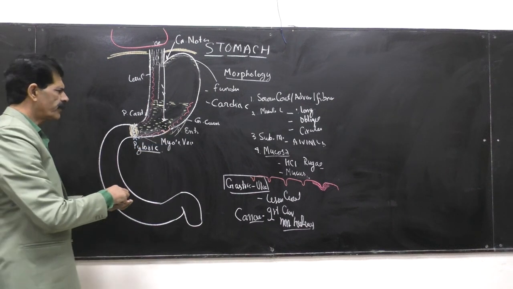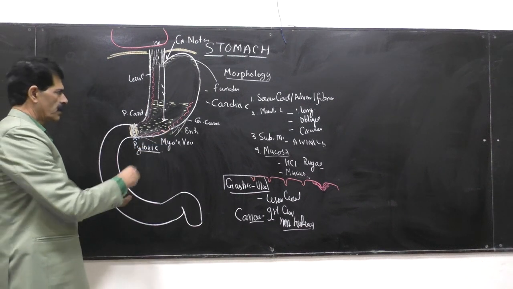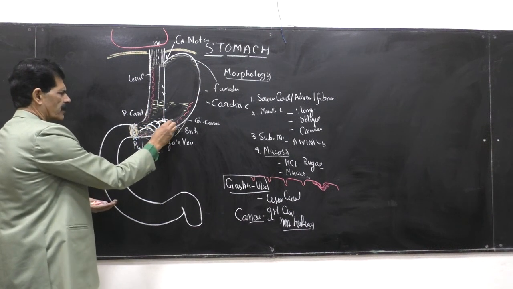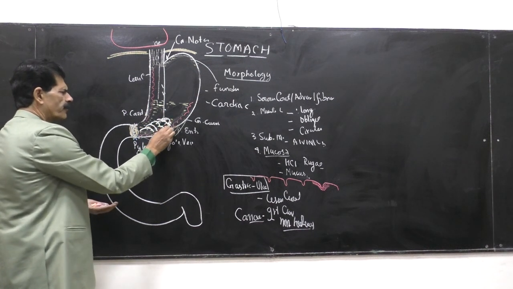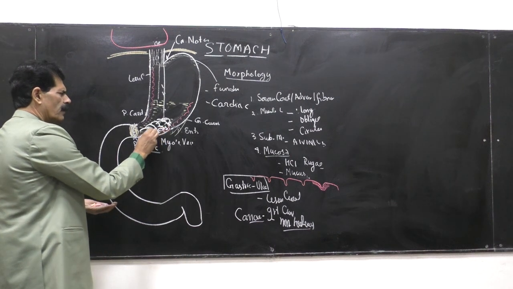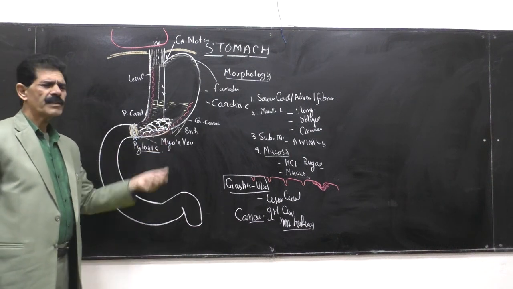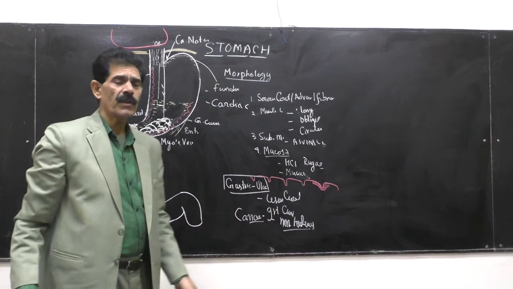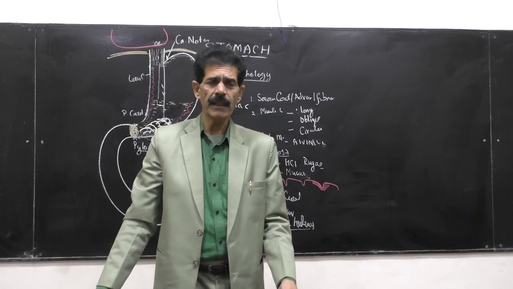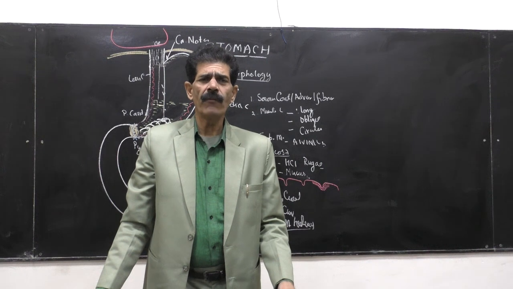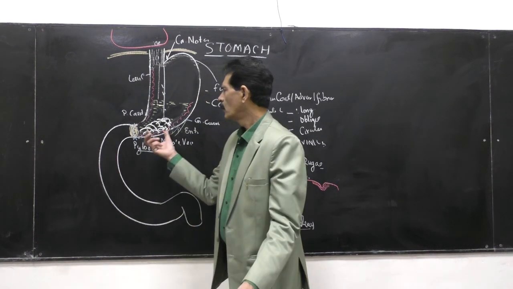Or after taking the food also, the food falls on the greater curvature, and the presence of the food again prevents the healing of the ulcer. So an ulcer formed on the mucous membrane of the greater curvature remains unhealed with food and without food.